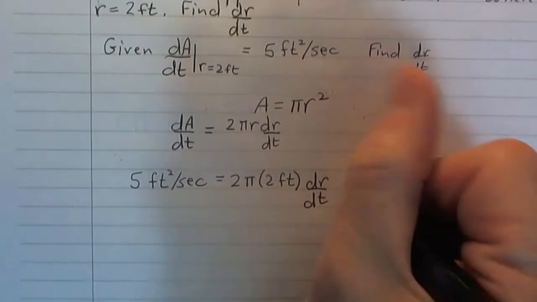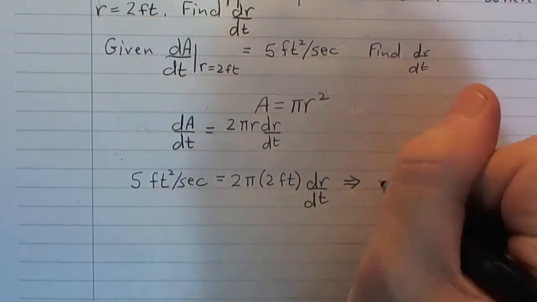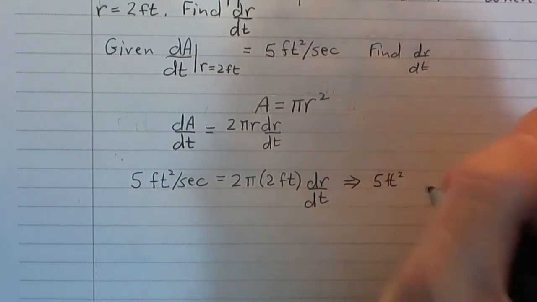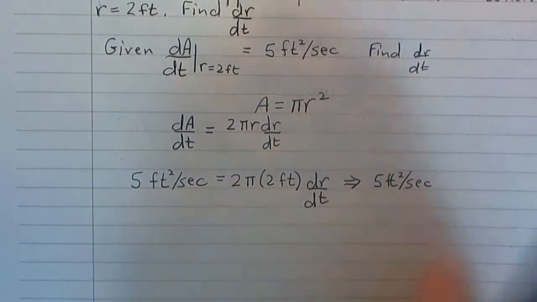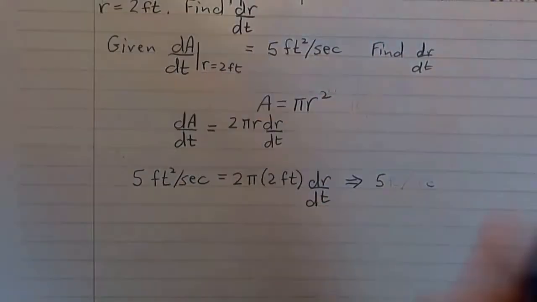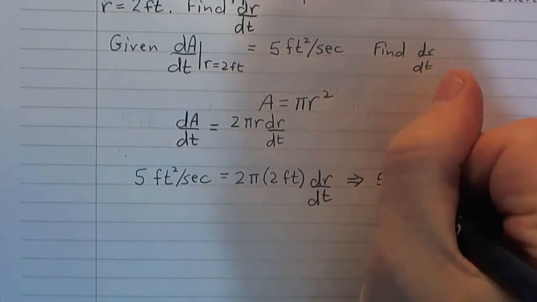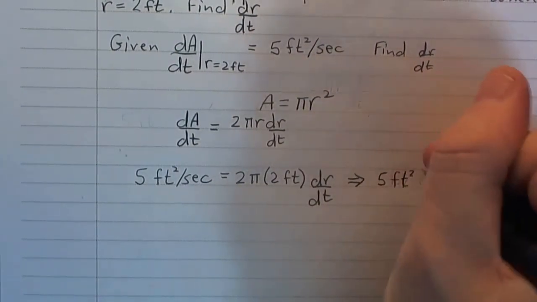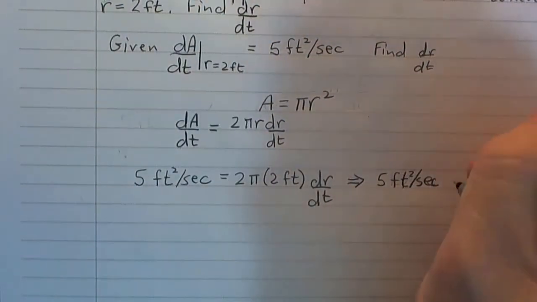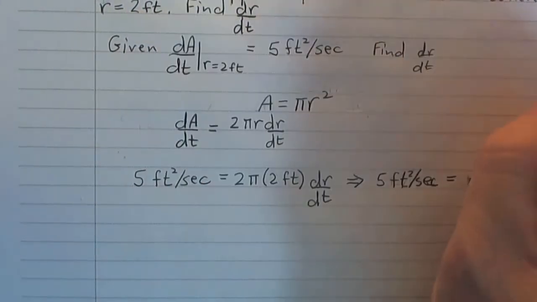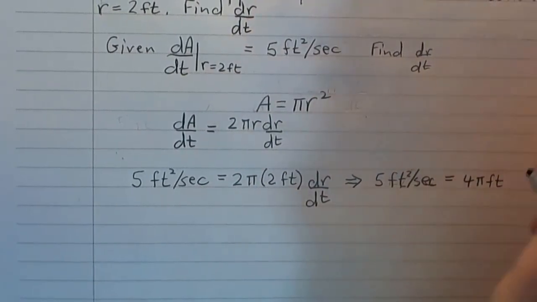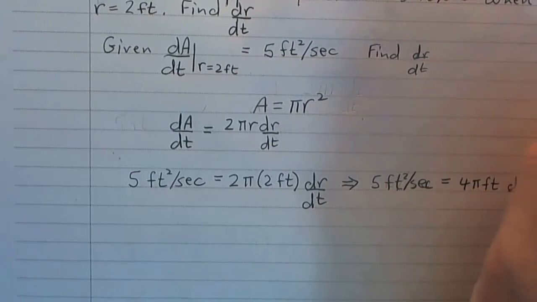Okay. Now, let me clean this up a little bit. I've got 5 square feet per second. Let me make that a little more legible. Okay, 5 square feet. And over here, I get 4 pi feet times dr/dt.